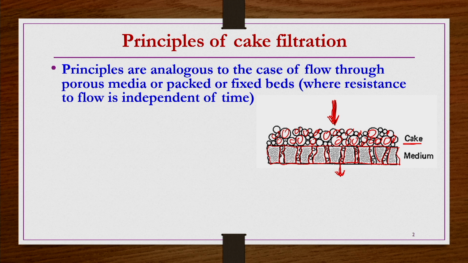Now what we have to do is see how the principles of packed bed that we have already developed can be used for the case of cake filtration. Basically, there are the Ergun equation, Kozeny-Carman equation, or Burke-Plummer equation for different cases. If the flow is low Reynolds number flow, then the Kozeny-Carman equation is valid.